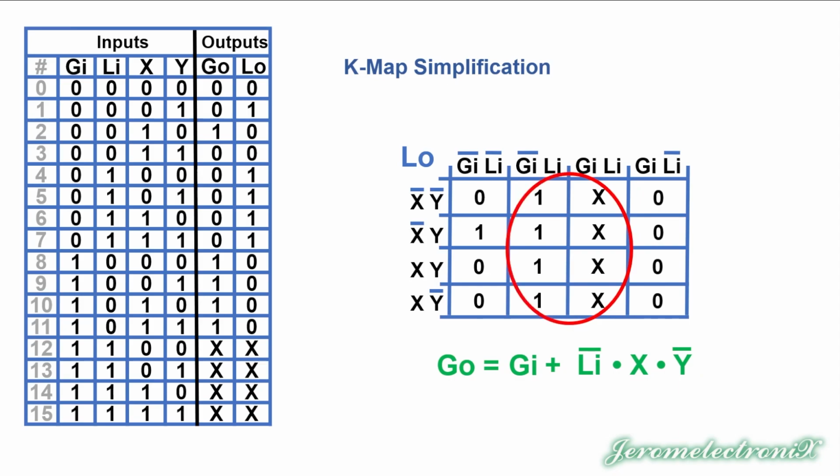There it is. Since we populated from top to bottom and implicated from top to bottom, all of the XY's cancel out. It looks like the GI will also cancel out, so for this implication, all we've got is an LI. We'll put that in our equation now. We do have another 1 that is unimplicated, but we can group that in a group of 2 1s, making our simplification smaller.